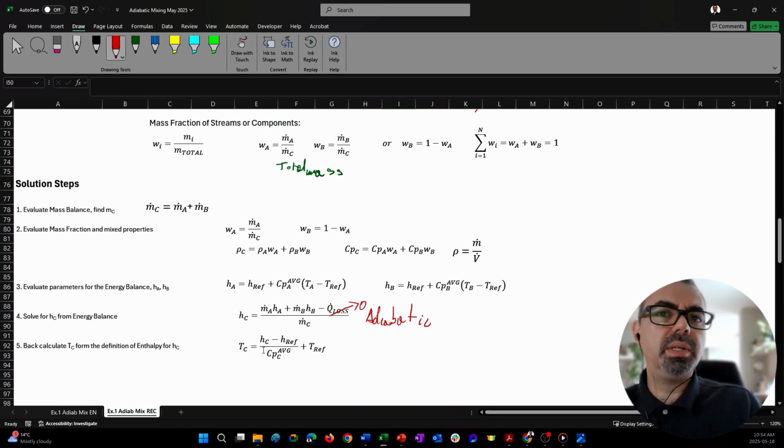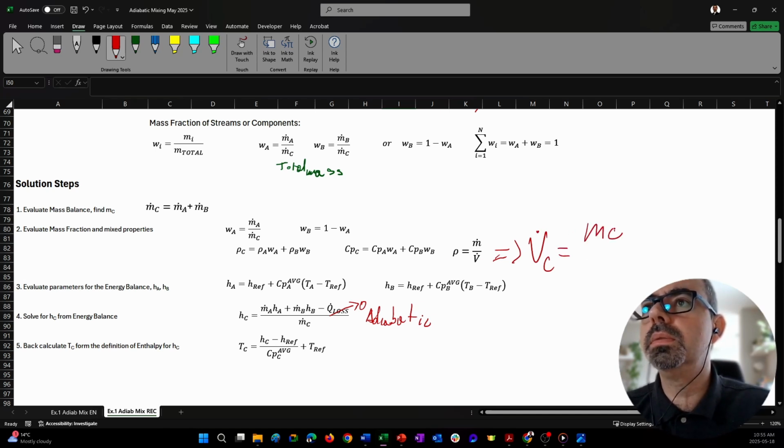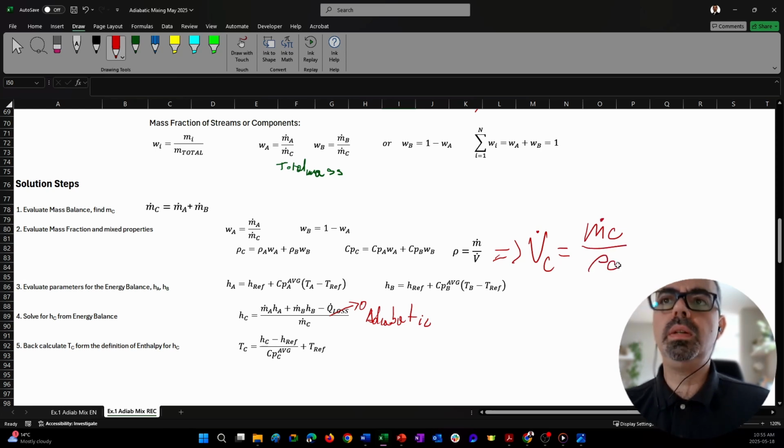And one more thing that was not written here is we need to calculate the volumetric flow rate for stream C. The volumetric flow rate of stream C will be equal to the mass of stream C divided by the density of stream C, which I already have.